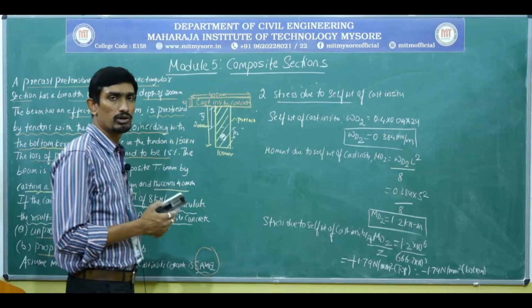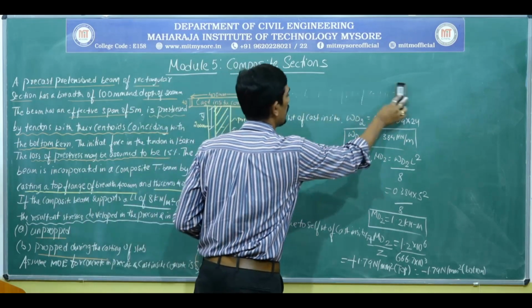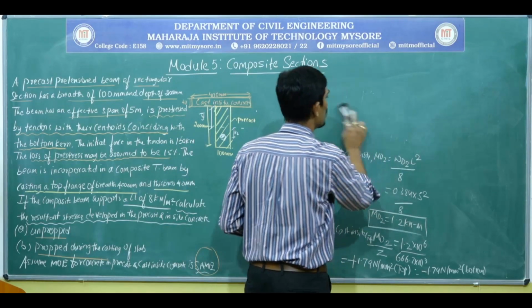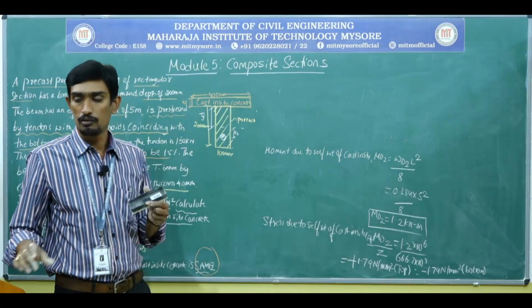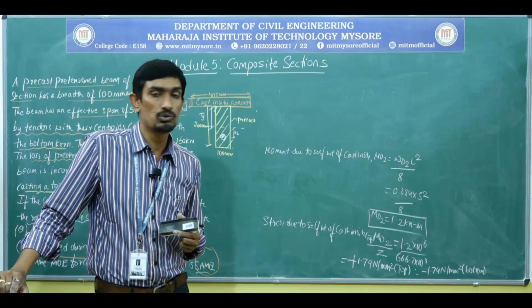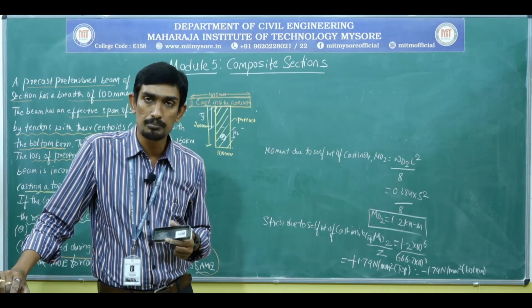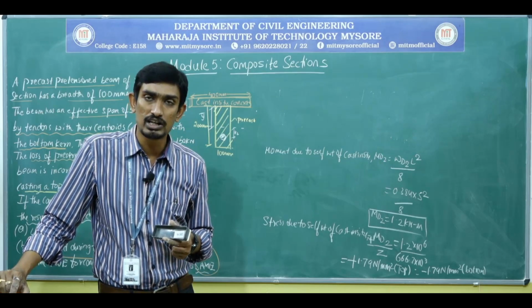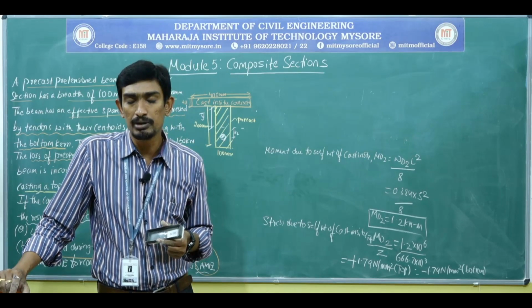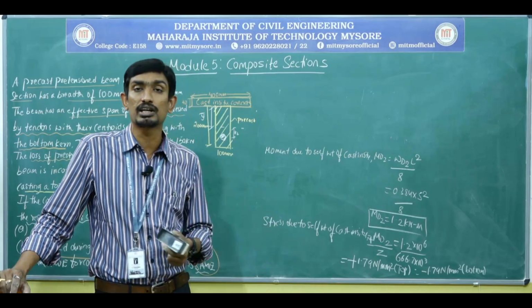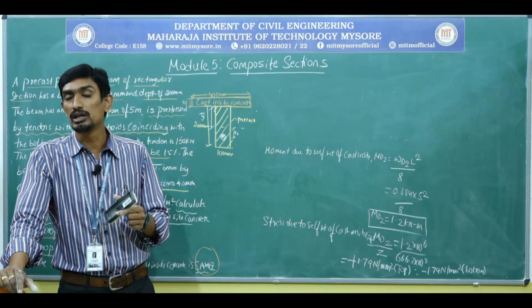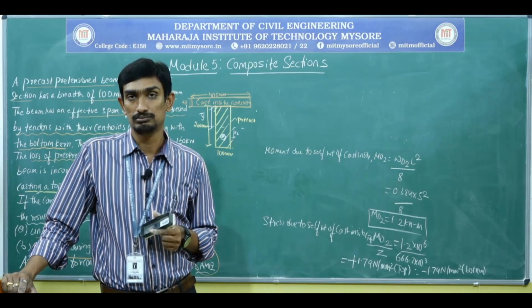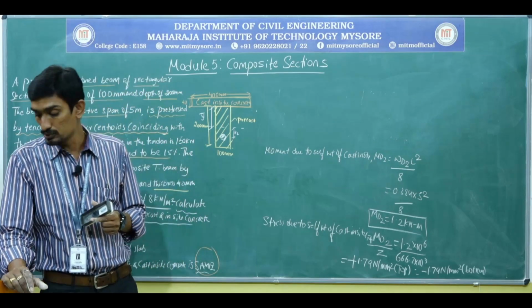Now, we also need to calculate the stresses due to the composite construction. I have calculated the stresses due to the initial pre-stressing force, stresses due to the effective pre-stressing force, stresses due to the self-weight of the precast pretension beam, next stresses due to the self-weight of the cast in situ slab, and the final left out thing is stresses due to the live load on the composite section.